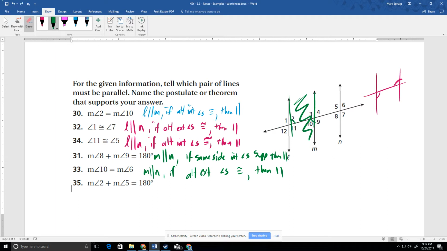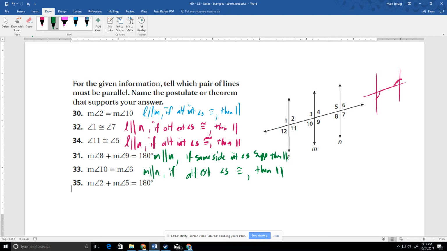But if I'm looking at the same angle 10 in context with 6, well, now we're talking about these lines. So 10 is actually not on the interior, it's an exterior. And so these are alternate exterior. So it really depends on which angles you're comparing, which two lines, what's the transversal, and then based on that transversal, what lines would be parallel.